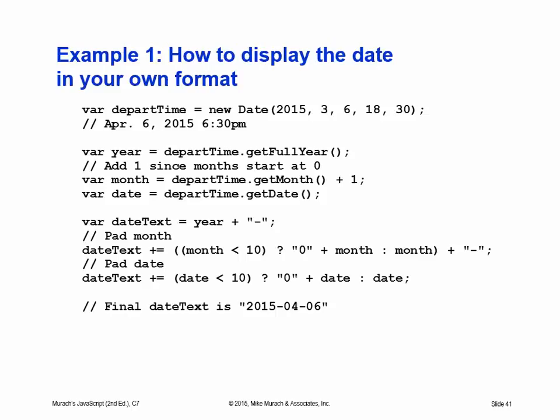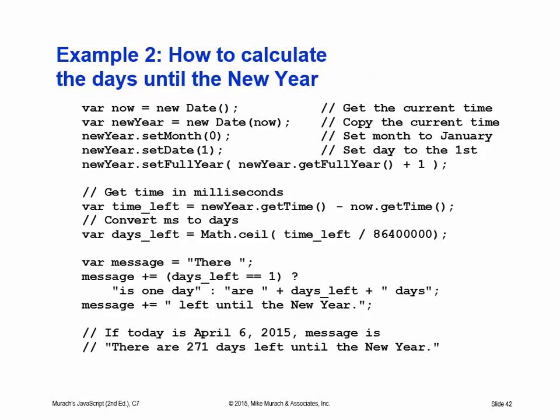All right. Next, starting on page 220, they give you some examples of working with dates, and they show you how you can display dates in very different types of formats, and how you can calculate the number of days till New Year's. Basically, in a nutshell, it figures out the date and time value for New Year's, and then subtracts the date and time value of today and converts it over.